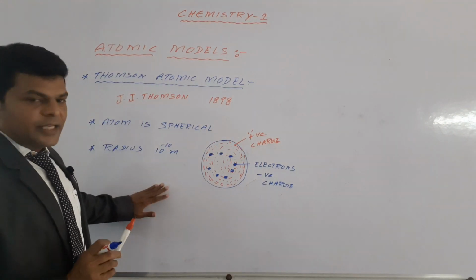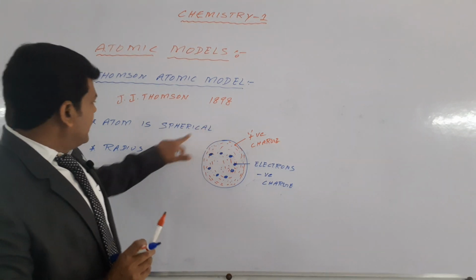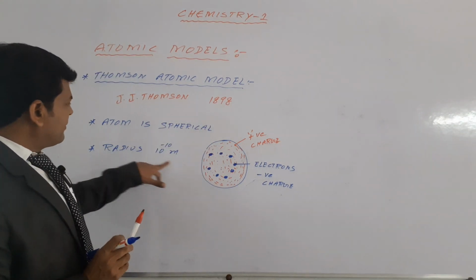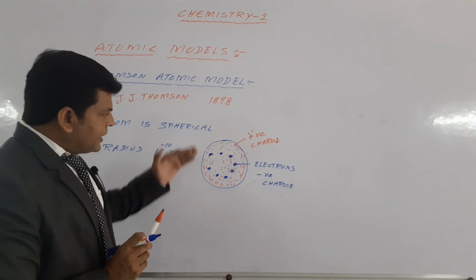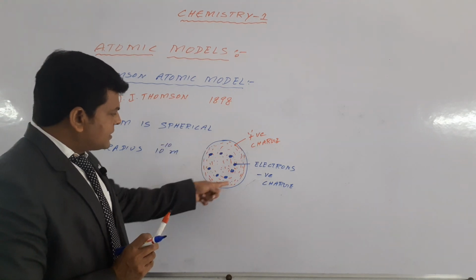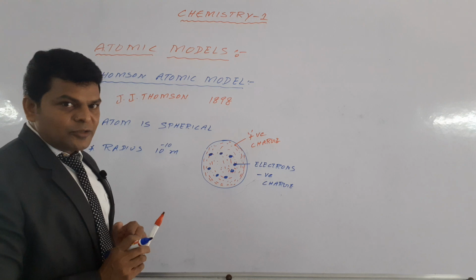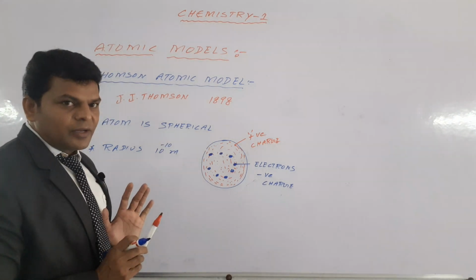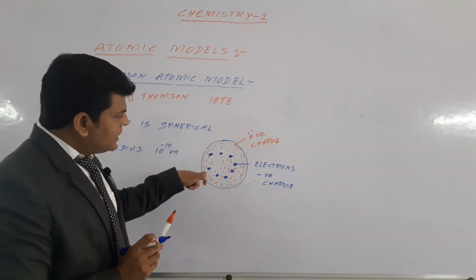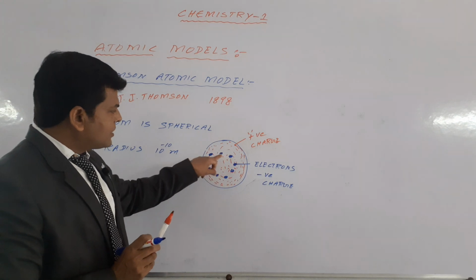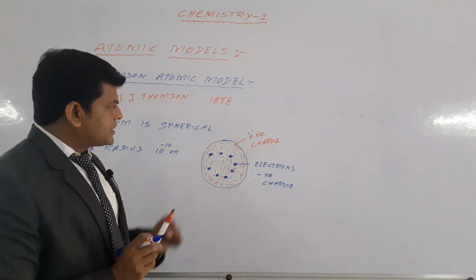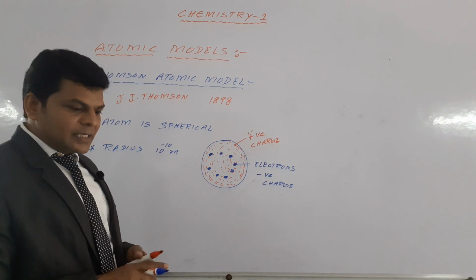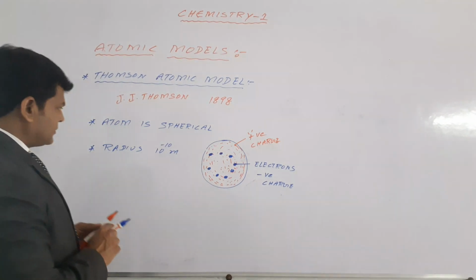According to the J.J. Thomson atomic model, the atom is a sphere with radius 10 power minus 10 meters. The dots are nothing but positive charge, which is uniformly distributed all over the atom. In the positive charge, electrons are embedded like this. So this Thomson model is like a watermelon.